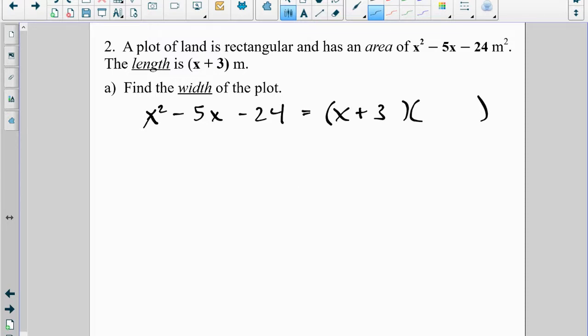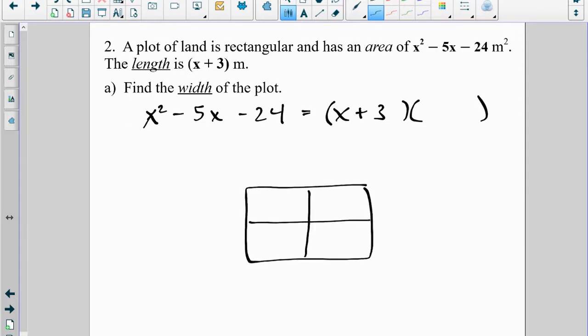So let's use our area model to plug in what we already know. We're starting with x squared minus 5x minus 24. We also knew that one of our binomial factors was x plus 3. Now, do you think we can figure out the rest of this?